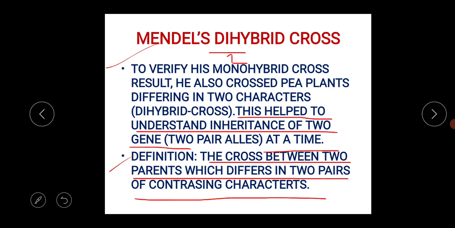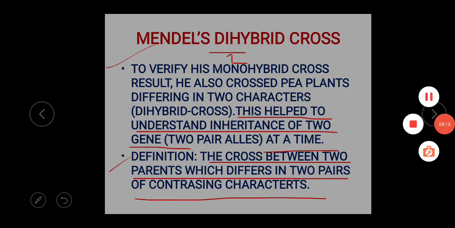But in this case, the two characteristics are not blending and not mixing. So the inheritance of one pair of alleles, meaning one trait, does not interfere in the inheritance of the other pair of alleles. This is the basic conclusion of Mendel's dihybrid cross.